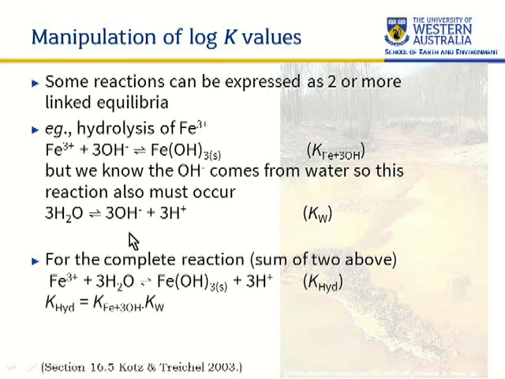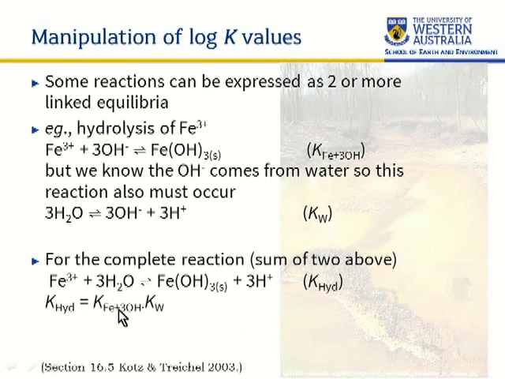And the complete reaction, where iron reacts with water to form ferric hydroxide plus H+, has an equilibrium constant, which is just the product of the two reactions contributing to that, and that's a general outcome for manipulating log K values, right?